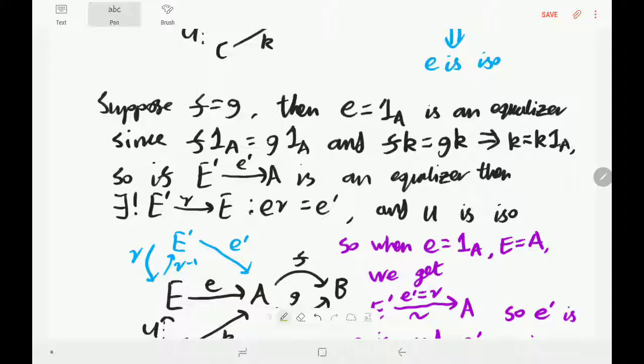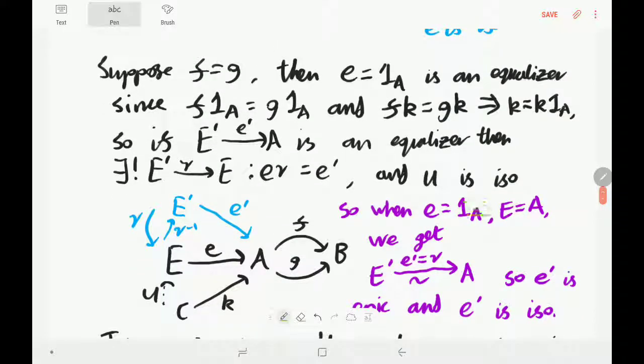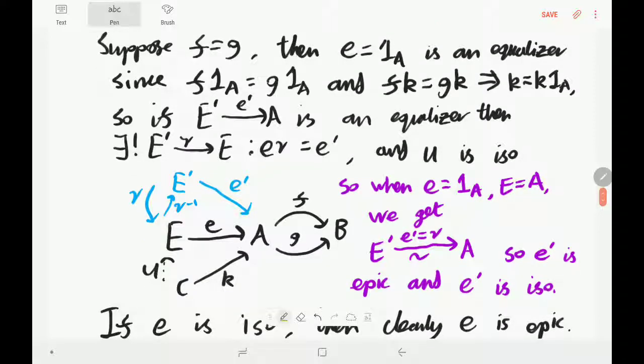Since e equals the identity arrow of A, we get that e' equals v, so v is just an isomorphism.